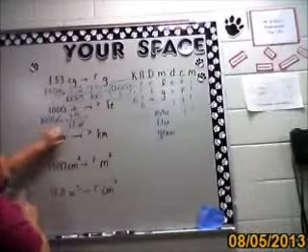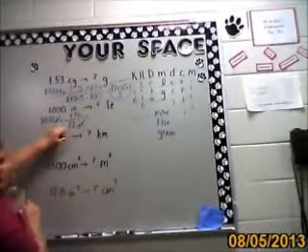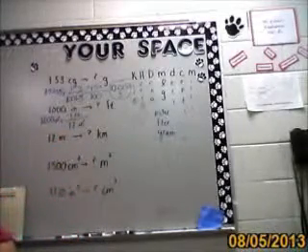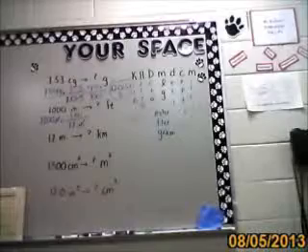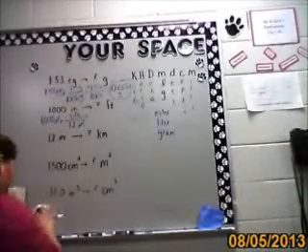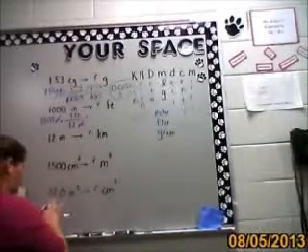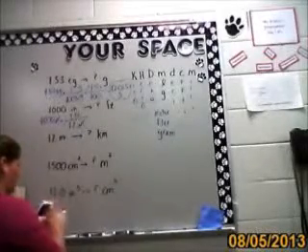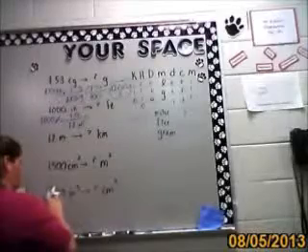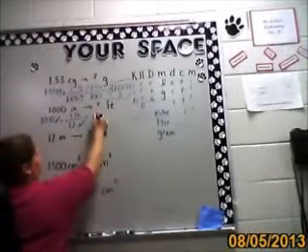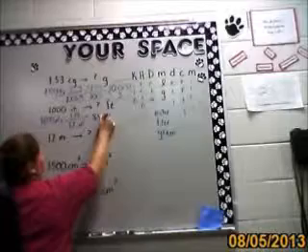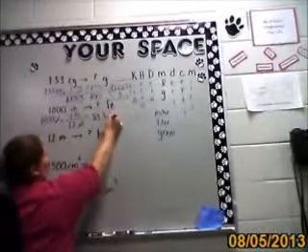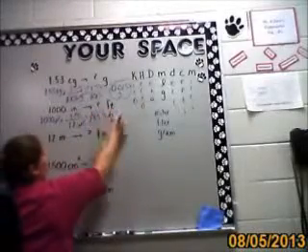I have 1,000 divided by 12. You can use a calculator if you need to. 1,000 divided by 12. And you find that it is 83.3 repeating feet.